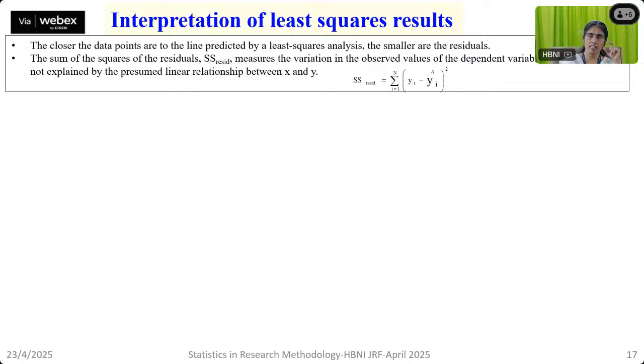Residuals, we discussed, are nothing but the vertical deviation of the measured value with respect to the fitted value. The measured value is represented by yi, and the fitted value is represented by y i cap.